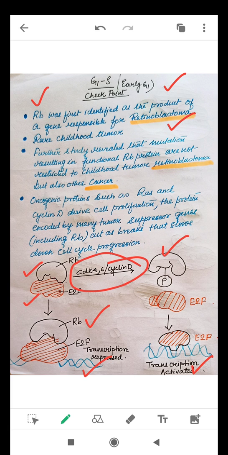But in the presence of CDK4, 6 and cyclin D, RB will be phosphorylated, and as RB is phosphorylated, E2F is relieved, E2F is free. So E2F now gets active and the transcription factor activation begins.